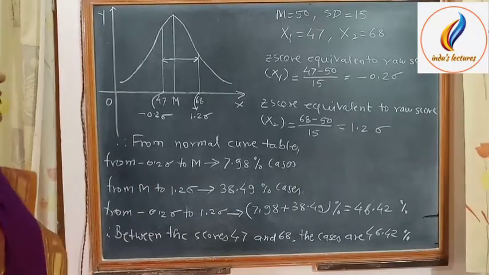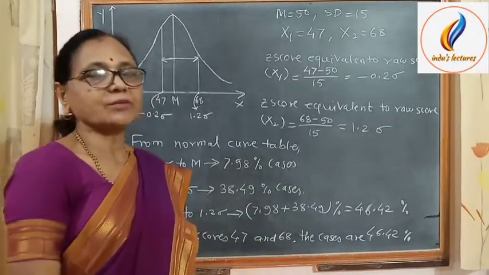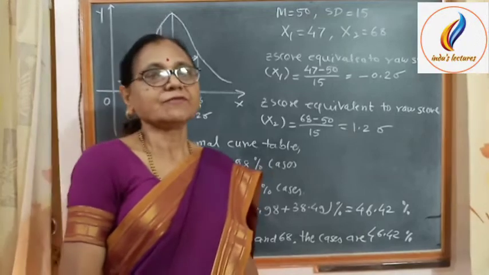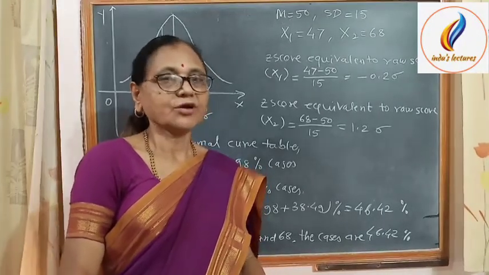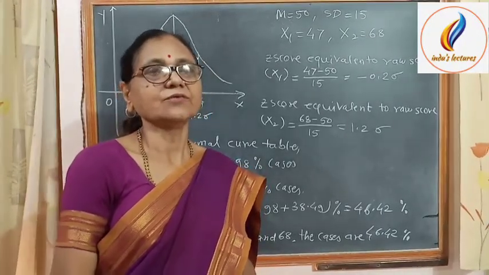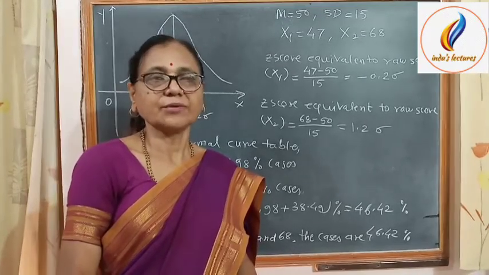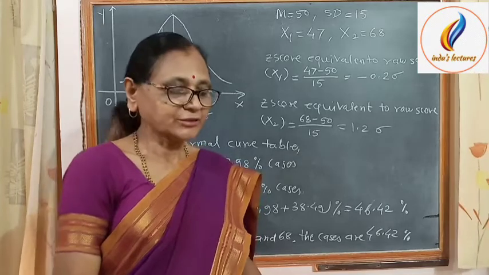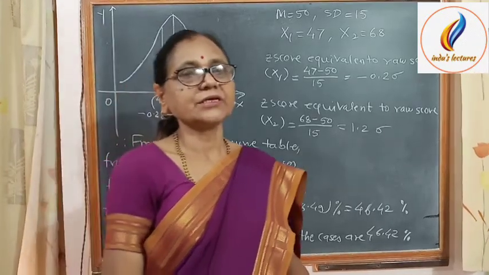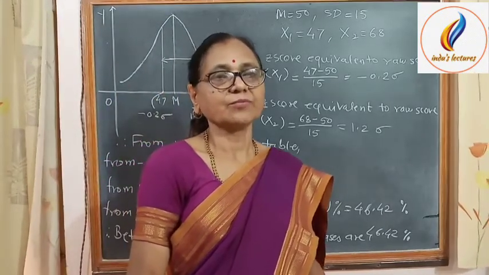In this way, by using the normal probability curve, we can find the number of cases in a given score limit. In the next part, we will discuss the third application of the normal probability curve.